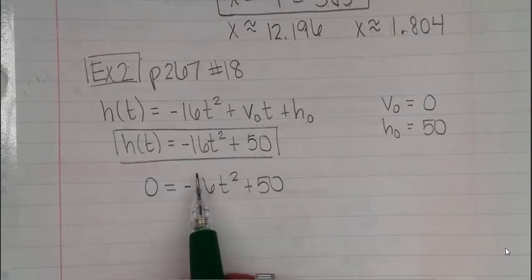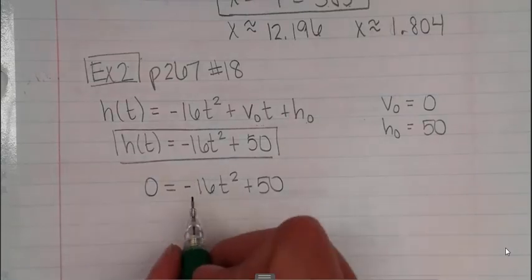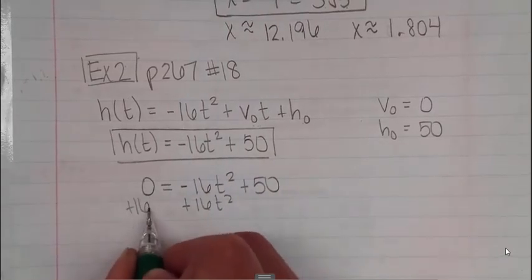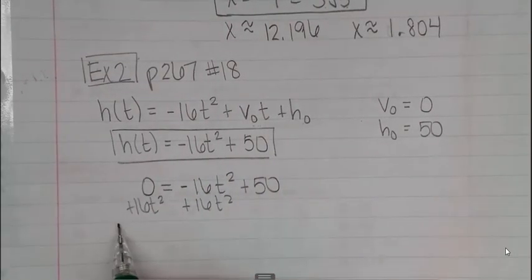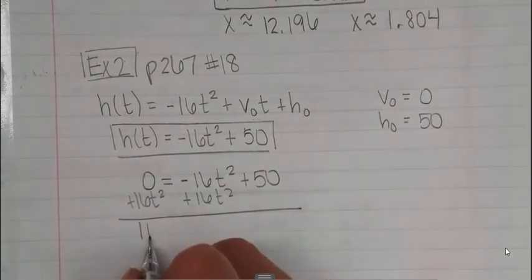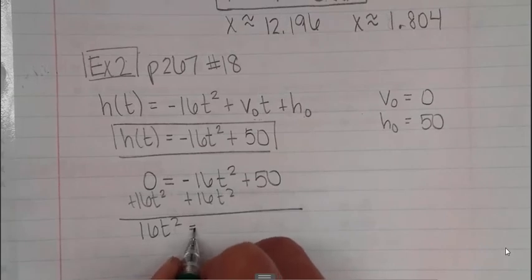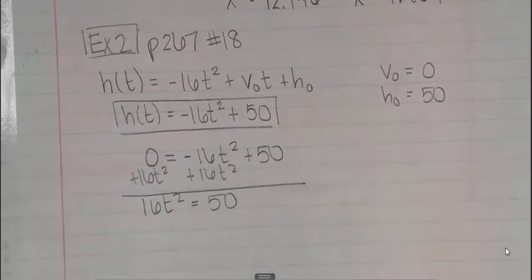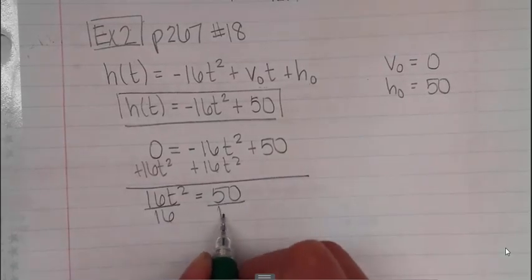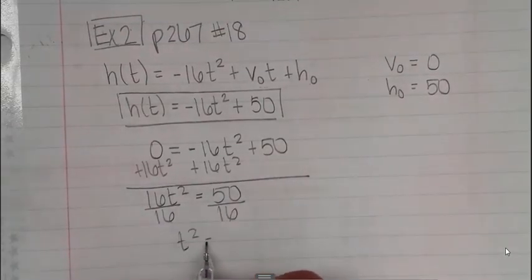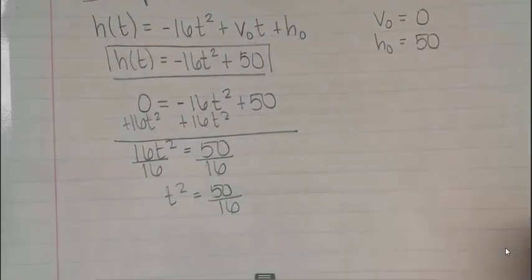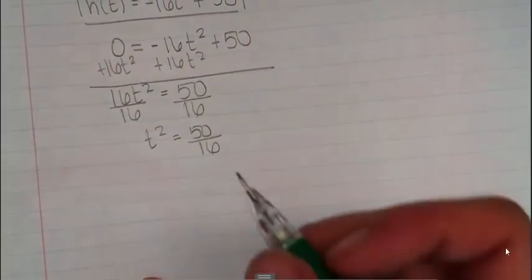So I'll want to get this term to be positive, so I'm going to add that term to both sides. I always like my x squared, or whatever variable I have being squared, to be positive. Now I'm going to solve for t squared. And now I'm going to take the square root of both sides.